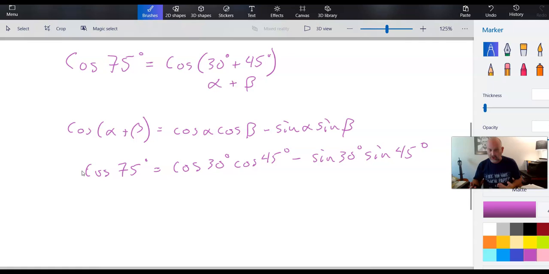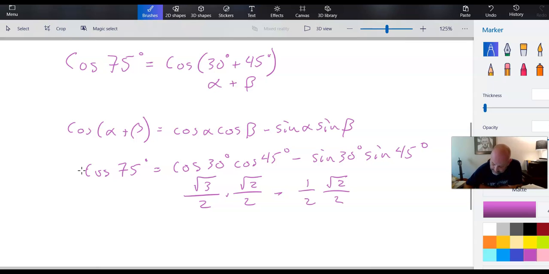And then we can just look up the values for these things. You should have a sense of what they are. Cosine 30 is root 3 over 2 times cosine 45 is root 2 over 2 minus sine 30 is 1/2 and sine 45 is root 2 over 2. And so we just need to simplify this expression now.